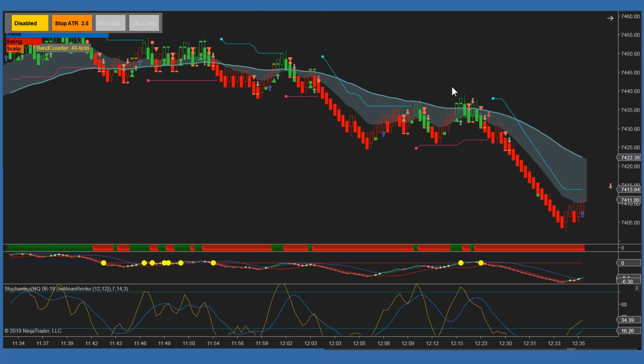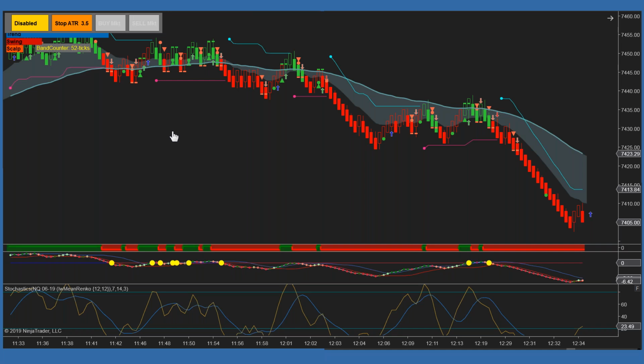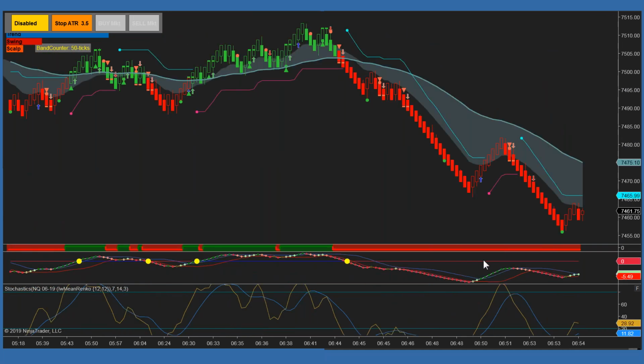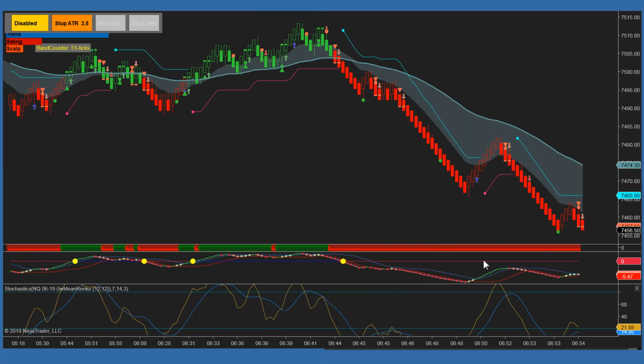Now, the reason that would be a little bit different is that in the book, Robert Miner, of course, does everything on a time-based chart, and we are using our mean Renko bars, which would be a little bit different. All right, here now the current market, and we had this little move lower, nice little retracement.